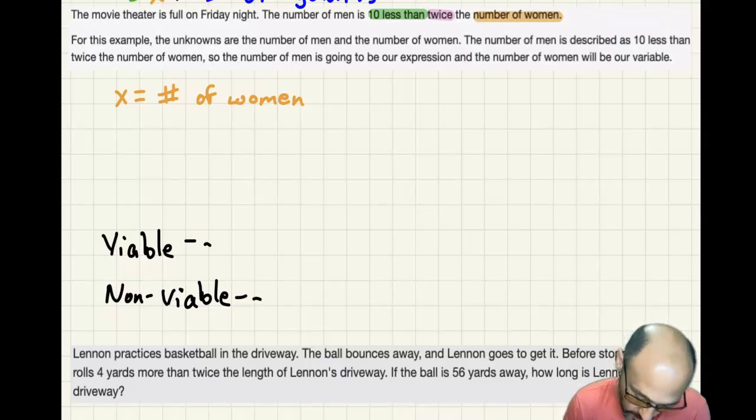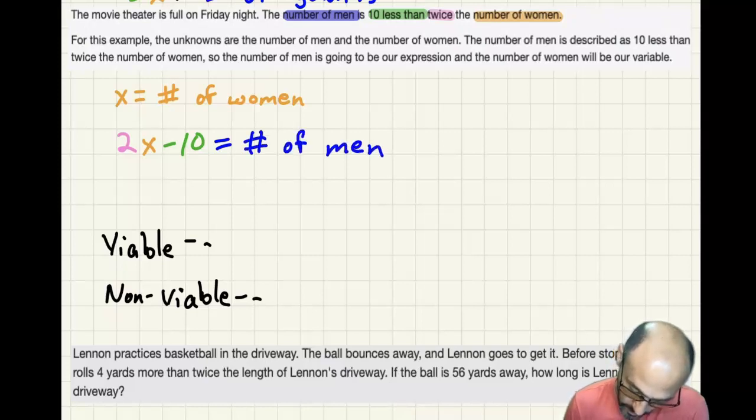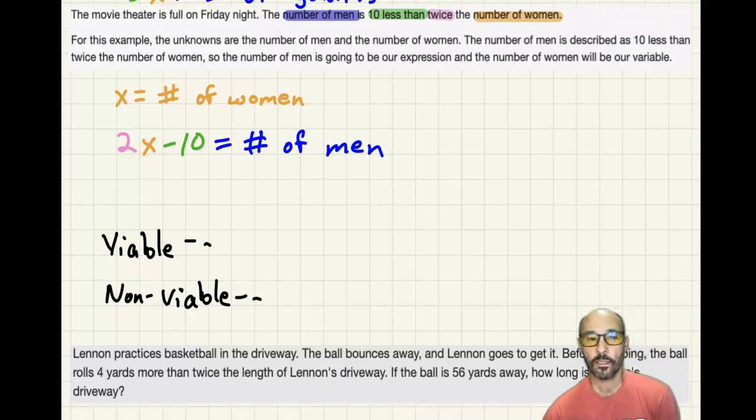So we have 2 times the number of women, subtract 10, is equal to the number of men. Ten less than twice the number of women is the number of men. All right, so that's just how we're going to be working with these kinds of problems here.